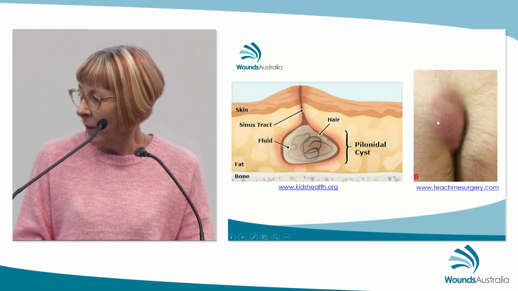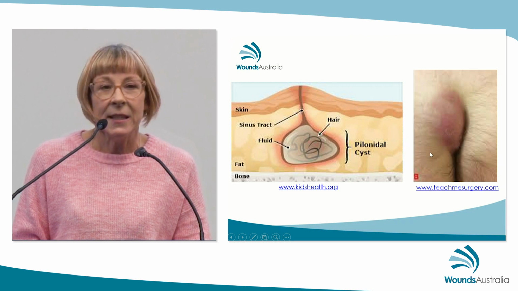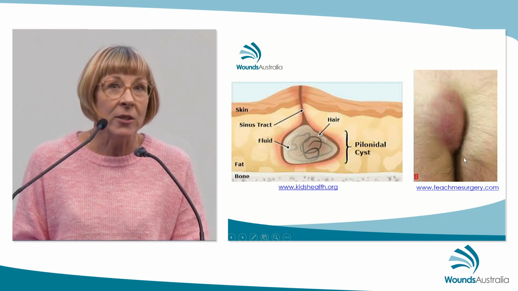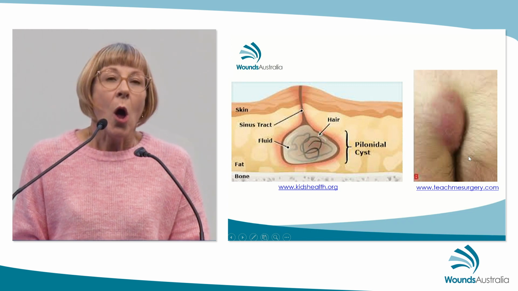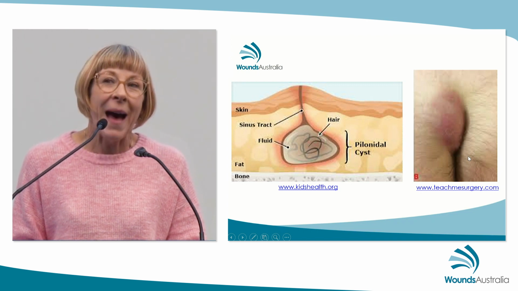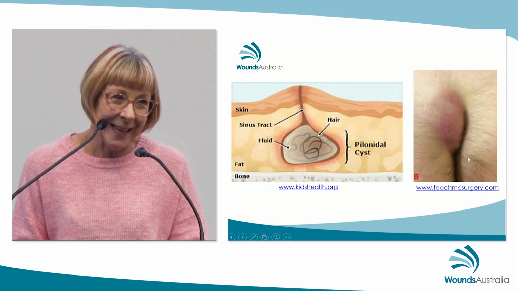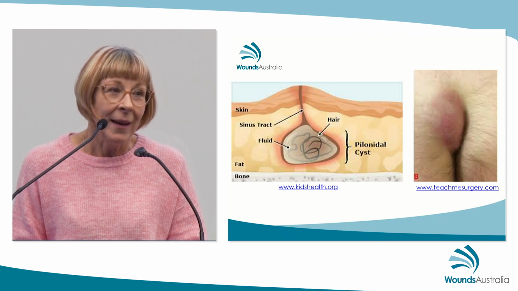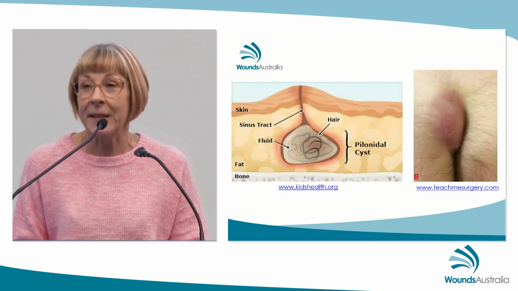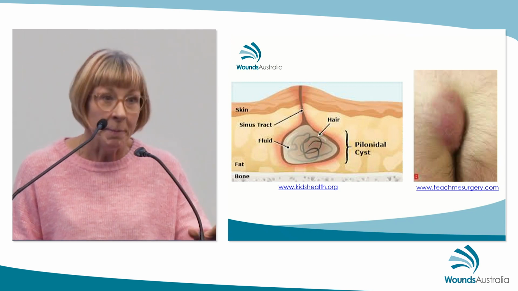And this is what is often seen. So it's an acute abscess around the natal cleft, often excruciatingly painful. And in fact, it is usually the pain that drives people to seek treatment. Because as you can imagine, a 15-year-old boy is not going to seek treatment for something on their butt unless they absolutely have to.